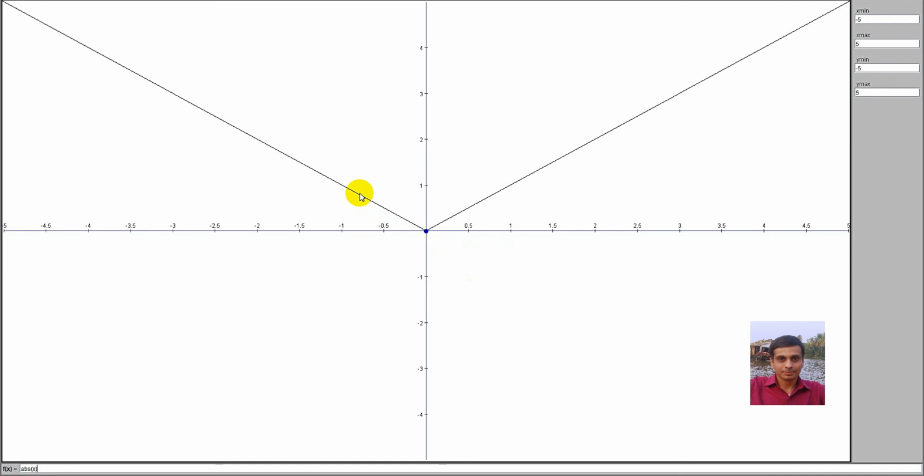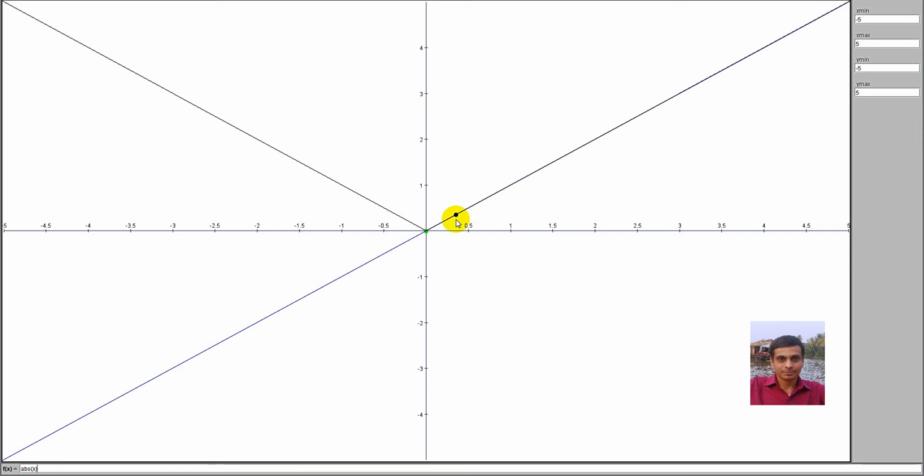And what happens if I try to achieve the limiting position through the left? Let us see again. Now I am trying to achieve the limiting position of secant line through the left, which we may call the left hand derivative at point x equal to 0. Again there is a sudden change. So neither from left nor from right could the limiting position of secant line be achieved.